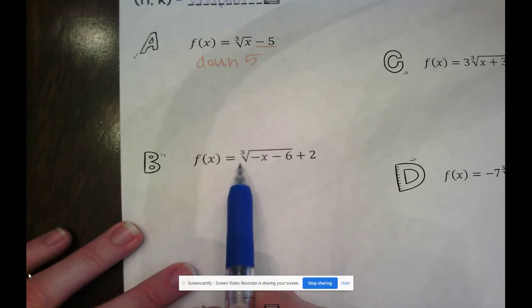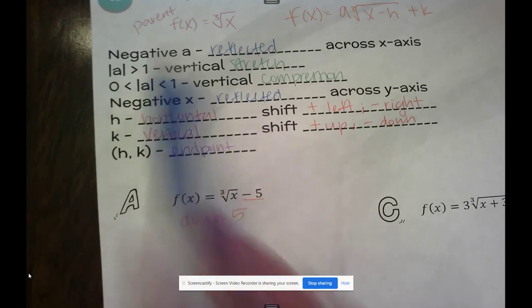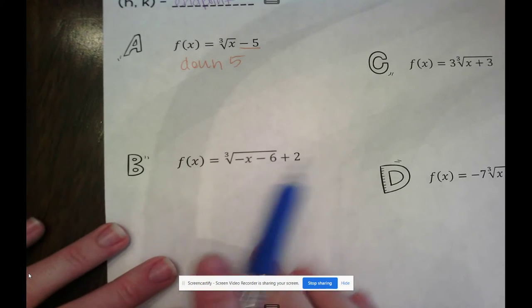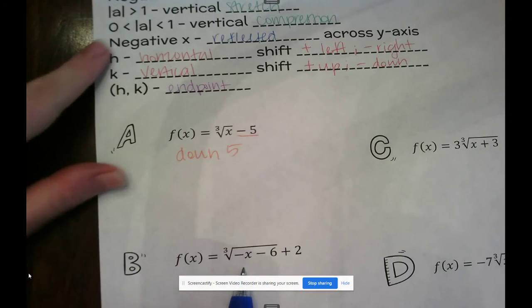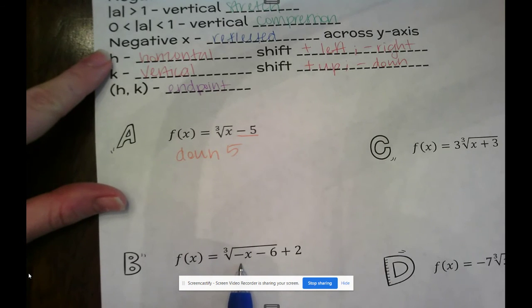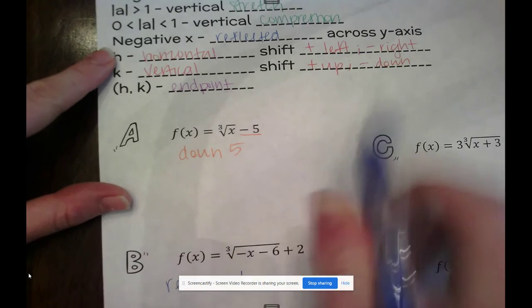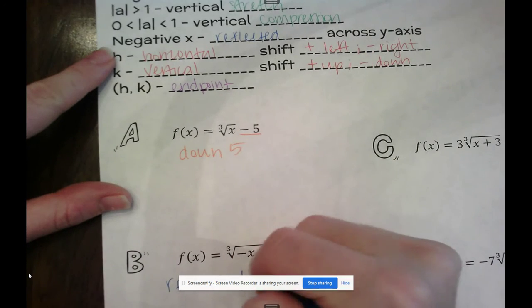All right, so is there a negative a out here? No. Is there an a greater than 1 or one in between 0 and 1? No, it's just 1. I'm just going down the list, is x negative? Yes. So it is reflected over the y-axis.